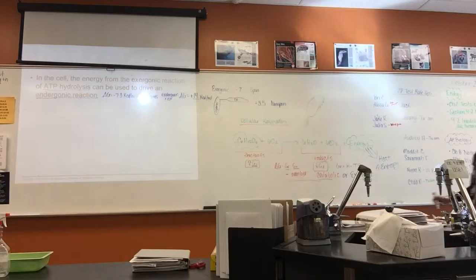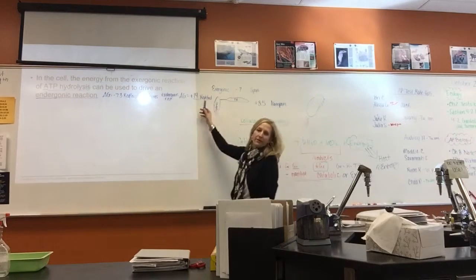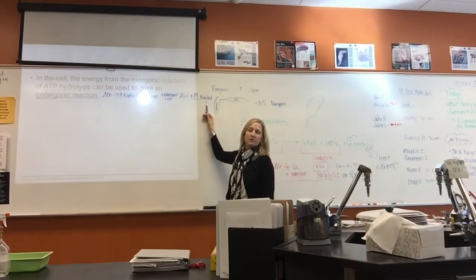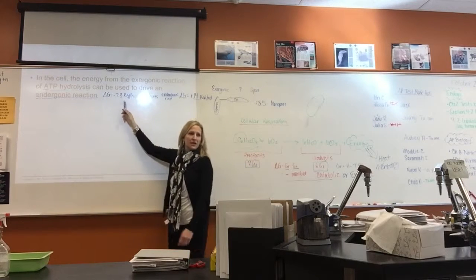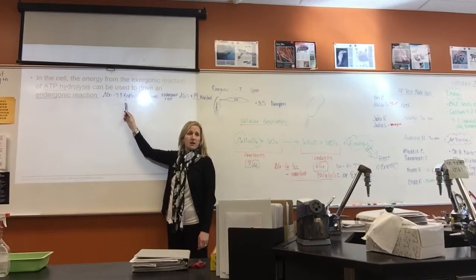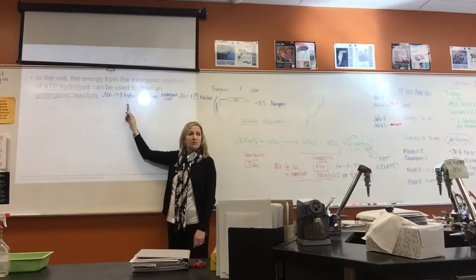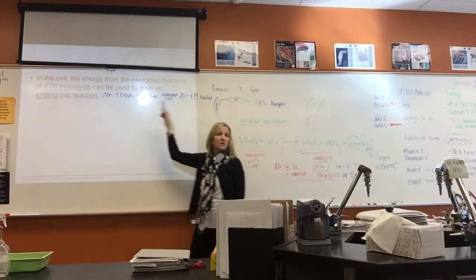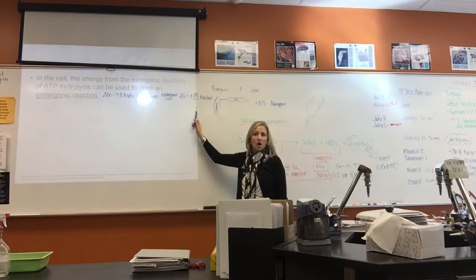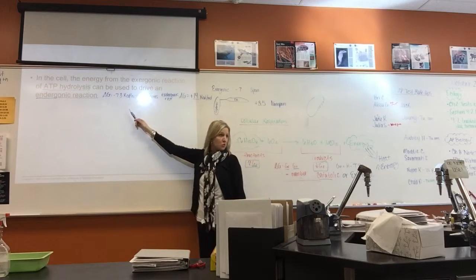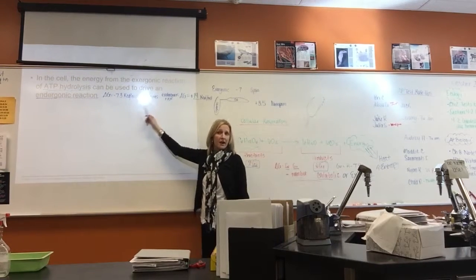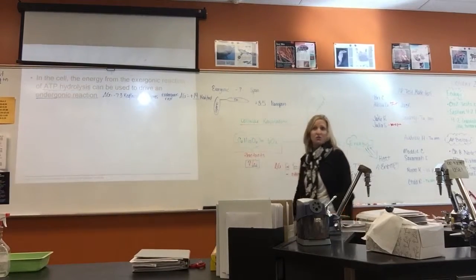It tells me that this endergonic reaction needs this amount of energy to run from the environment. If I take an ATP and break it down, is it providing me that amount of energy? No. It's only providing me 7.3 kilocalories. So if I broke down an ATP, would it help me with this reaction? No. I maybe can use 2 ATPs to do that, but one is not going to do the trick for me.